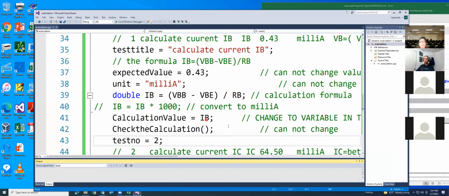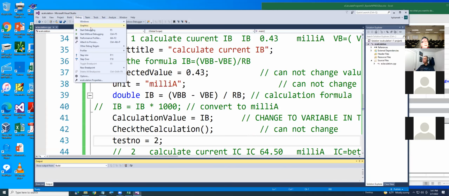Sorry to bother you. What's the difference between start with and start without debugging? Normally you start without debugging.